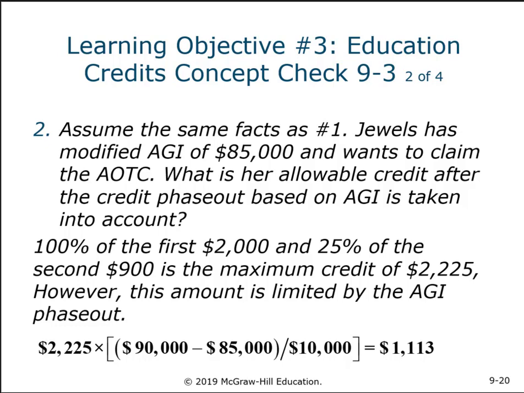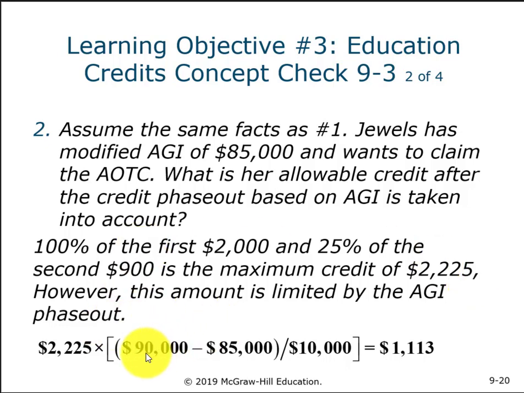And we'll change the AGI to 85,000 in this case. That wasn't given in the first one. 100% of the 2,000, 25% of the second 900, is 2,225. So already we're talking about quite a bit more under the AOTC than under lifetime learning.